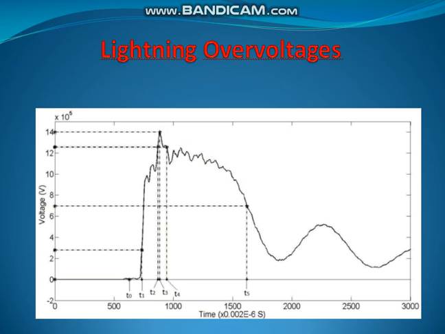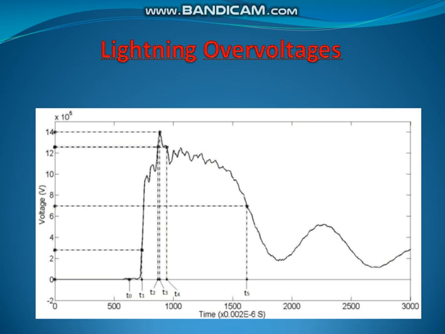Lightning can produce overvoltage when it hits either the line conductors, which is a direct stroke, or a point in the vicinity of the distribution network, an indirect stroke. Overvoltages can be impressed upon a power system by atmospheric discharge, in which case they are called lightning overvoltages, or they can be generated within the system by the connection or disconnection of circuit elements or the initiation or interruption of faults.